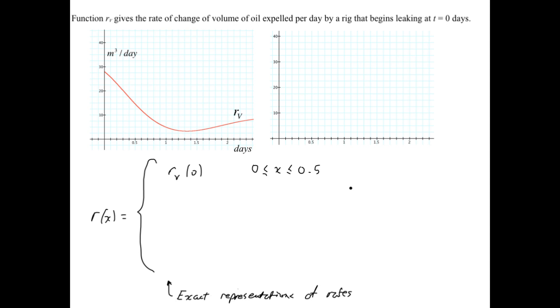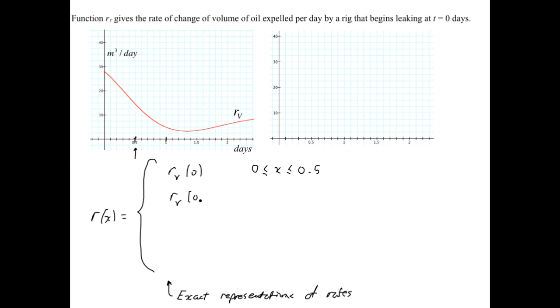What's my next constant rate that I want? Kelly. Second interval. What constant rate am I going to have in the second interval? So in this interval, I want to pick off the actual rate at the left side and use that as the constant rate the whole way.